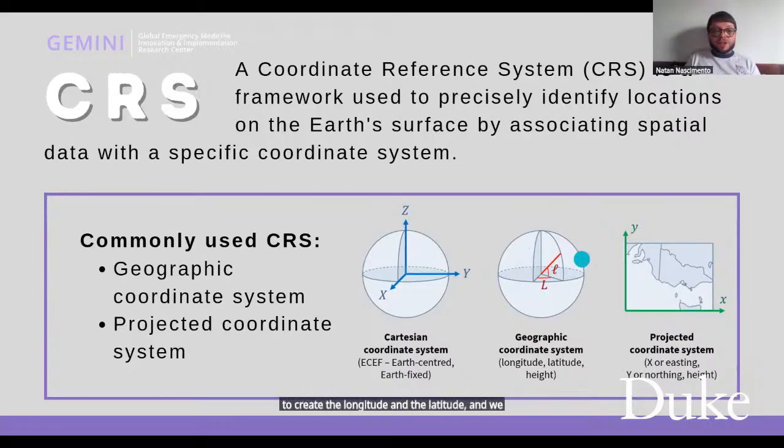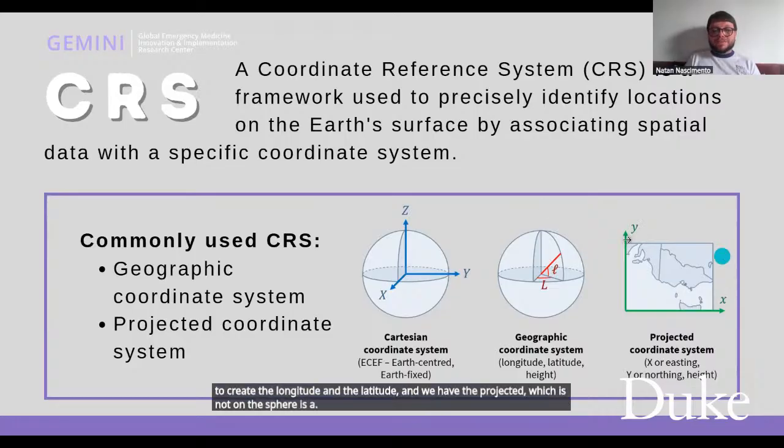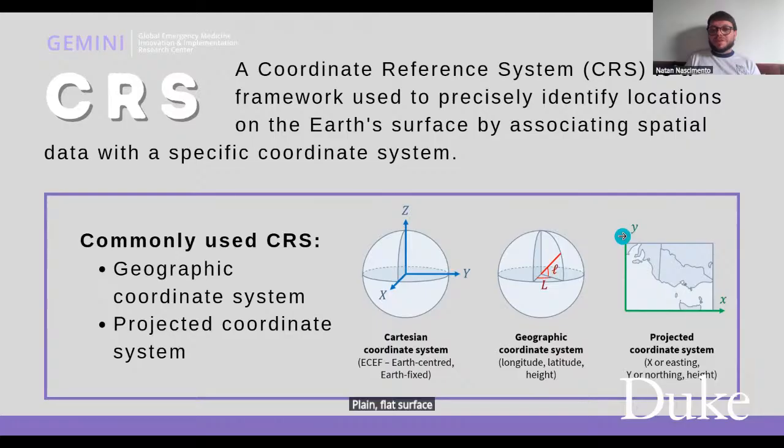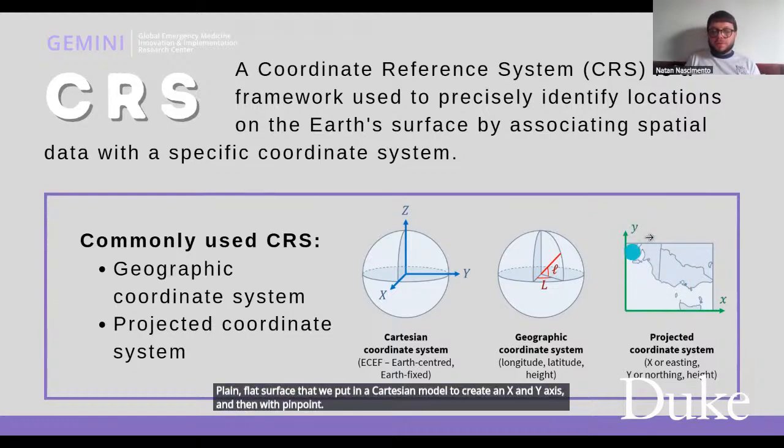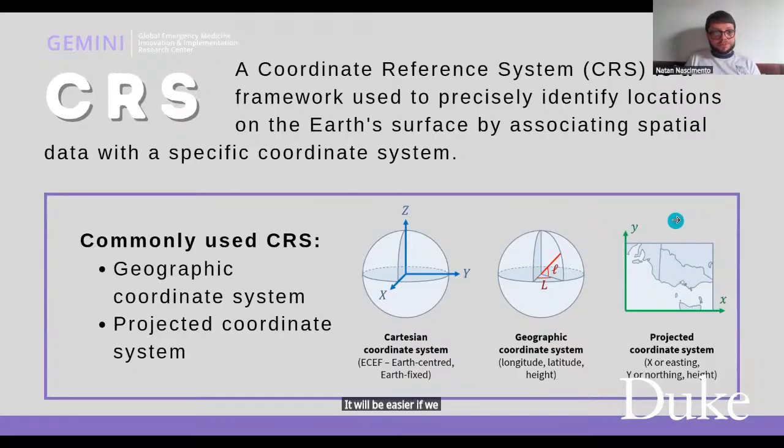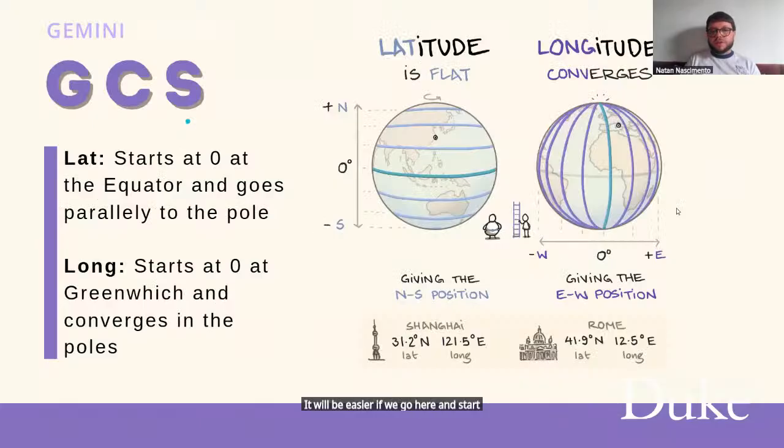And we have the projected, which is not on the sphere, it is a plane, a flat surface that we put in a Cartesian model to create an x and y axis, and then we pinpoint. It will be easier if we go here and start with the geographic.